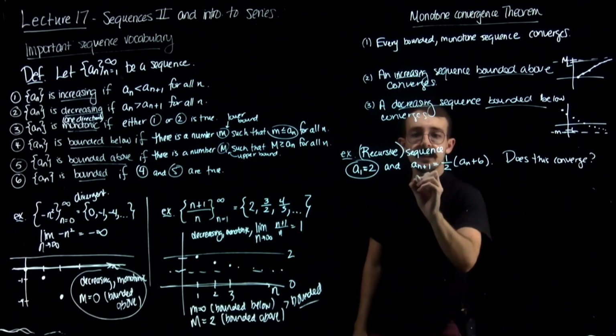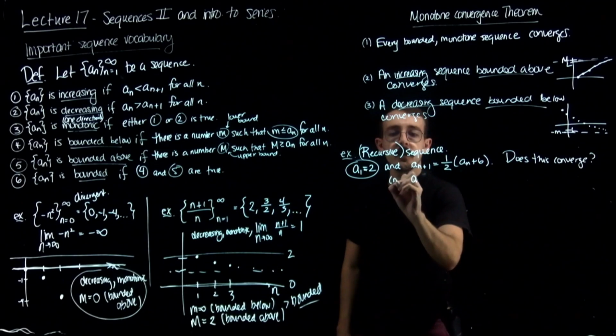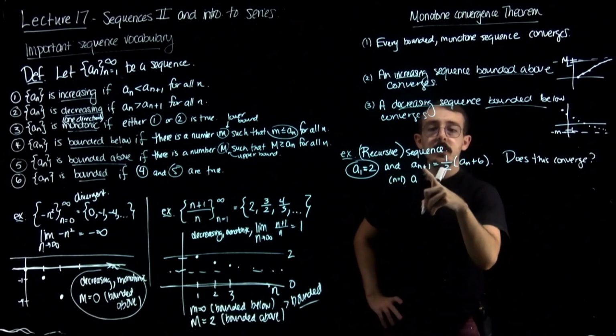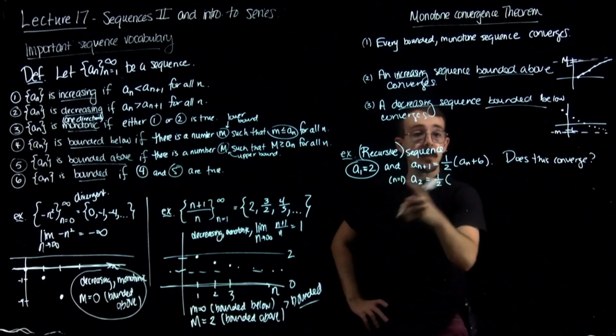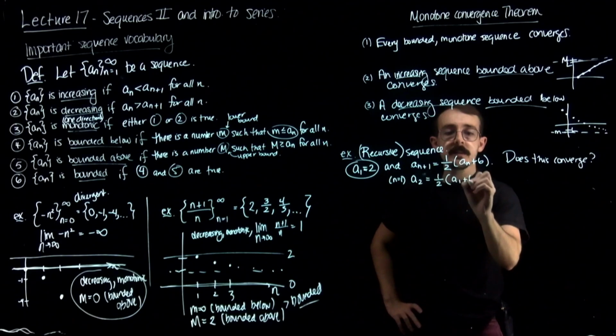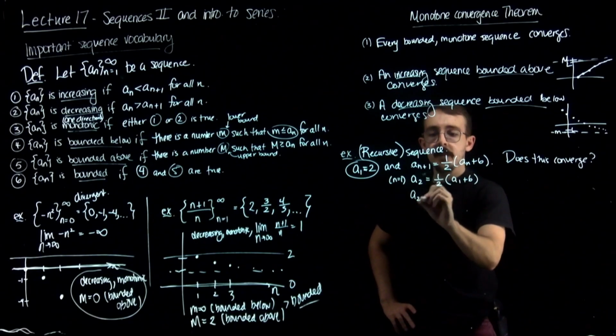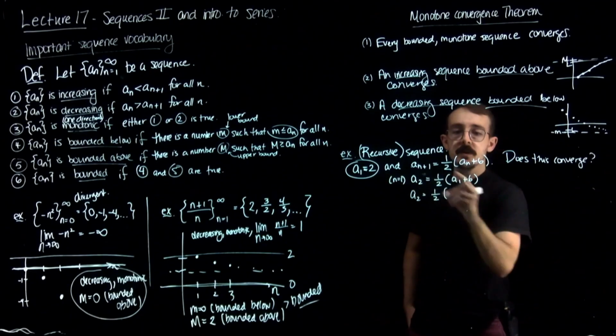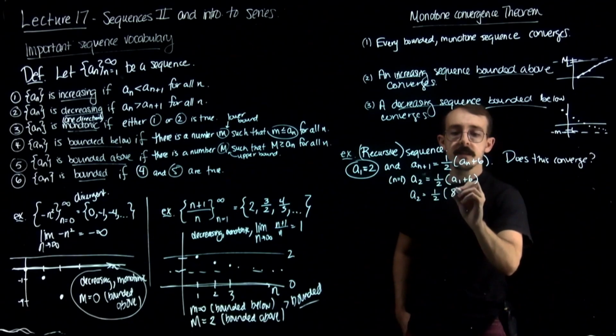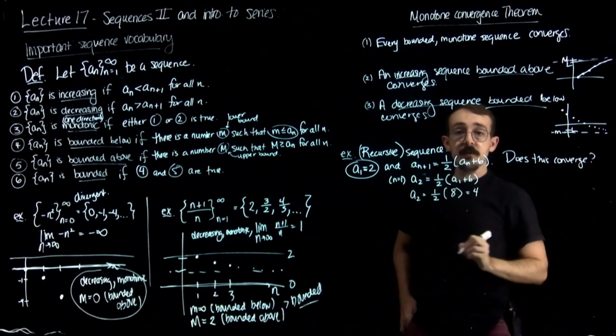And then if you follow this, let's say n equals 1. If you plug n equals 1 into here, you get the second term: a sub 2 equals 1/2 (a sub 1 plus 6). But then that means the second term is this first term, which was 2, plus 6, which is 8, halved, so it's 4.